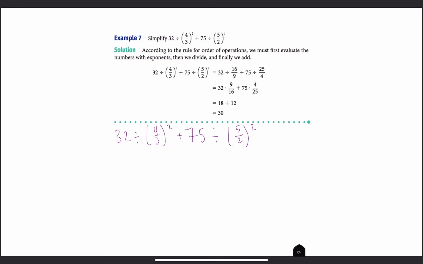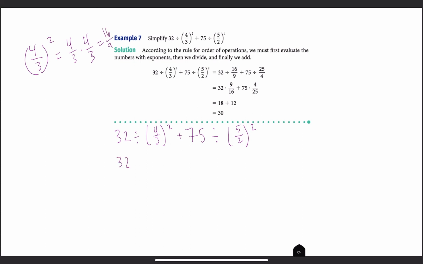None of that has changed. We do what's inside parentheses, if there is anything to do inside parentheses, which there isn't here. Then we go on to evaluating exponents, so that's the next thing to do. So I'm going to want to expand this 4/3 here. So 4/3 squared is 4/3 times 4/3, which is 16/9.